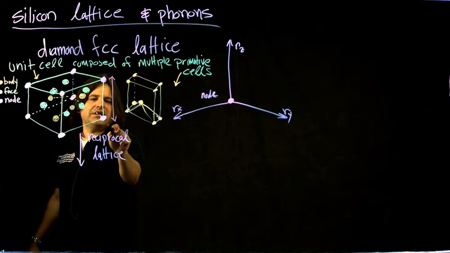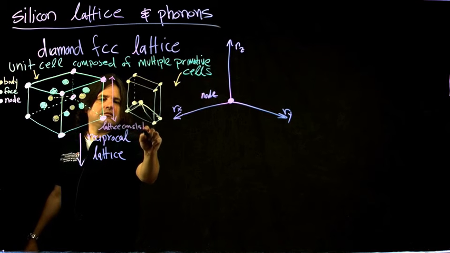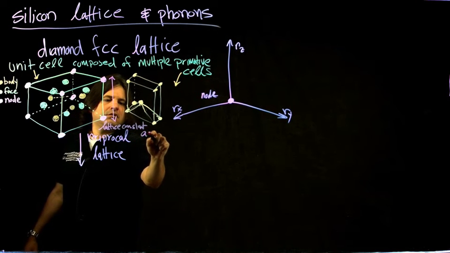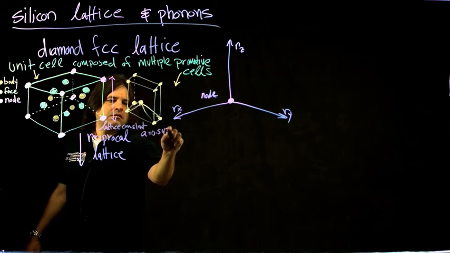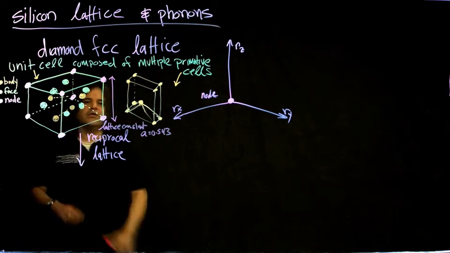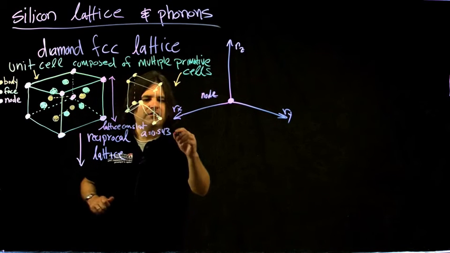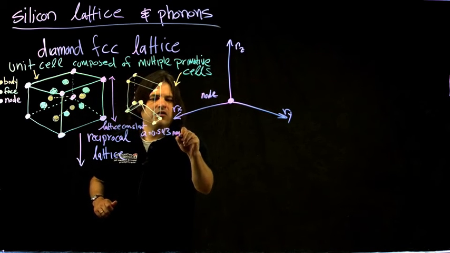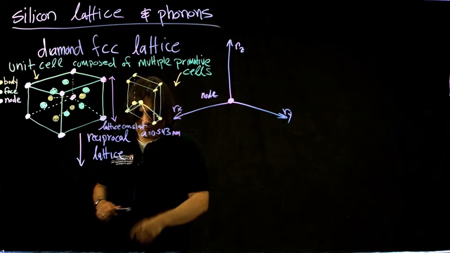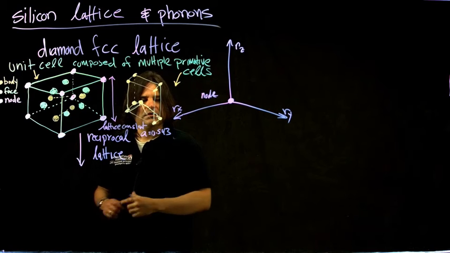Another thing we're going to label is the lattice constant. Depending on the size of this unit cell, you have different size scales. This happens to be 0.543 nanometers. That's the lattice constant for a silicon unit cell.